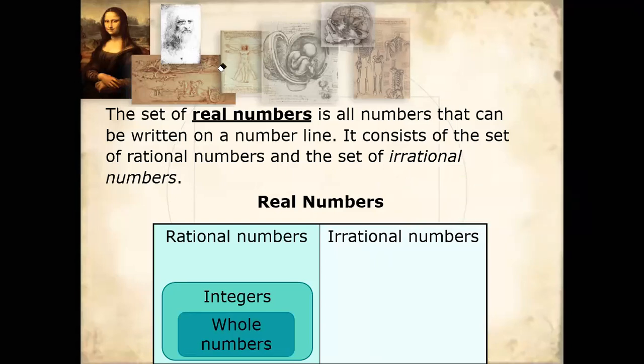Then when we have all these sets of numbers, we found that we have a big set of numbers called real numbers. The set of real numbers is all numbers that can be written on a number line. It consists of the set of rational and the set of irrational numbers.